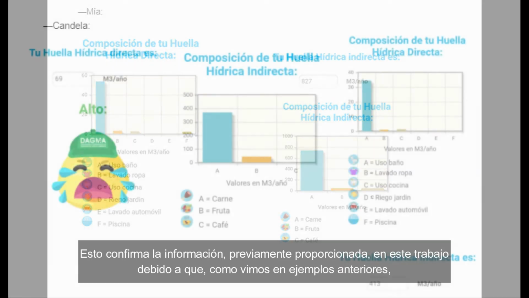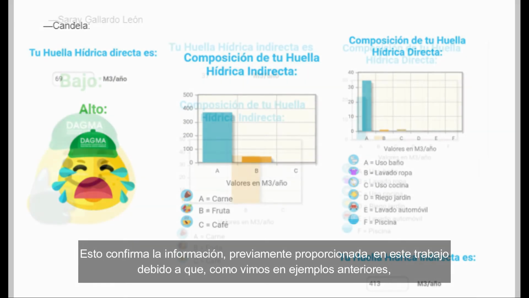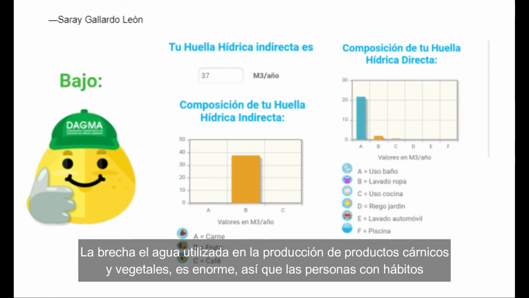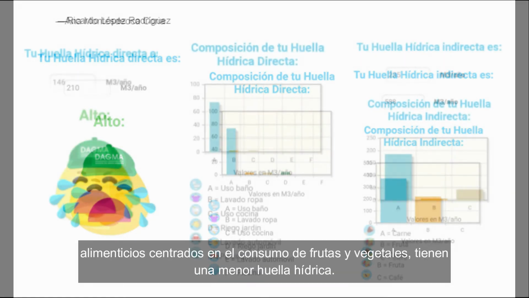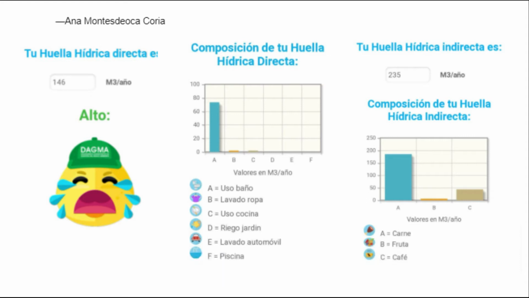This confirms the information that we provided earlier in this essay, because as we already saw in some previous examples, the main gap between the water used in the production of meat and vegetable foods is huge. So the people with eating habits more focused on vegetables and fruits have a smaller water footprint.